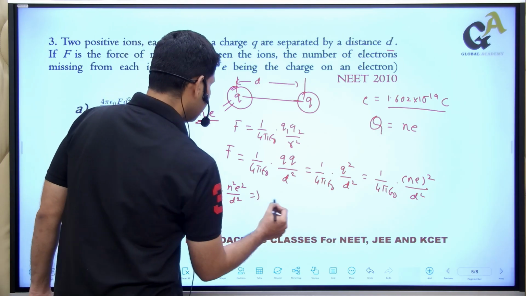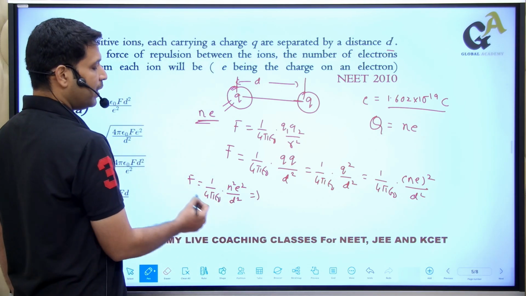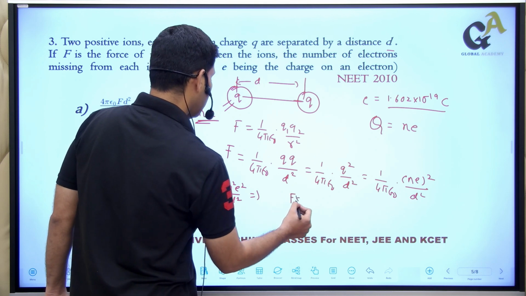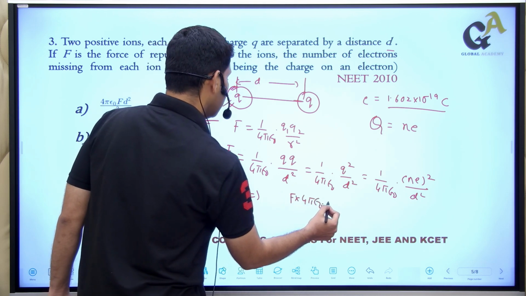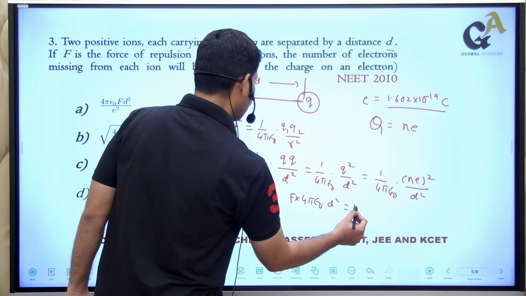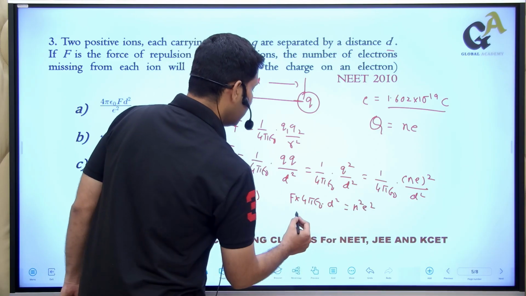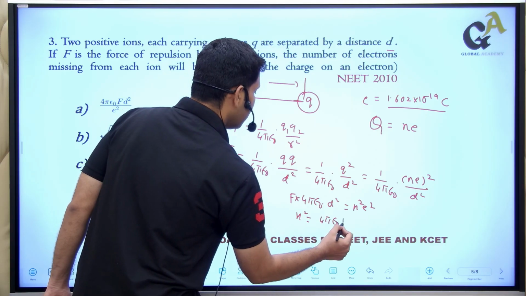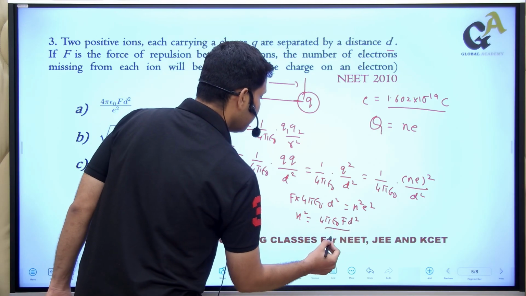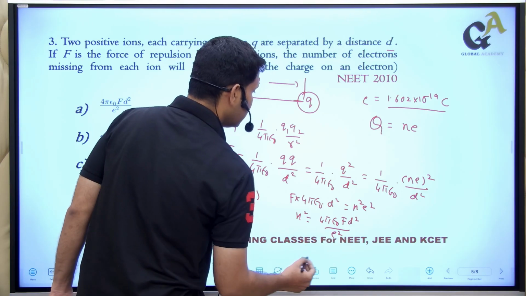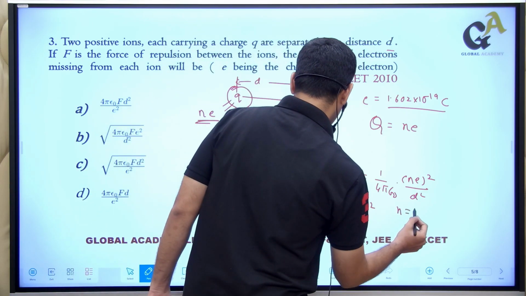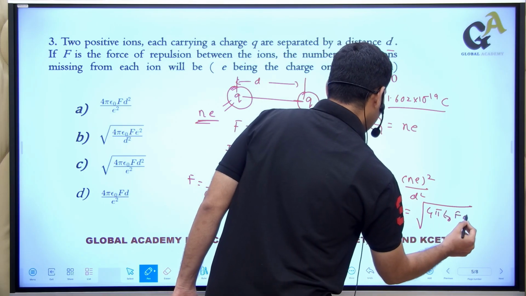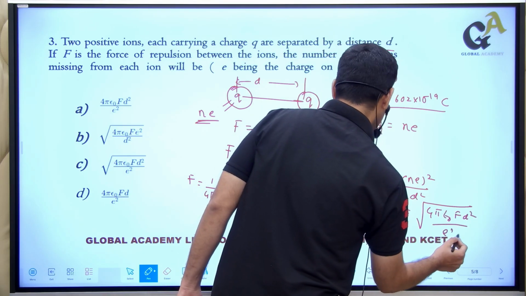If you solve this for n, take all the denominators to the left hand side, you will get F into 4 pi epsilon naught d square is equal to n square e square, or n square is equal to 4 pi epsilon naught F d square divided by e square. The final answer is N is equal to square root of 4 pi epsilon naught F d square divided by e square.